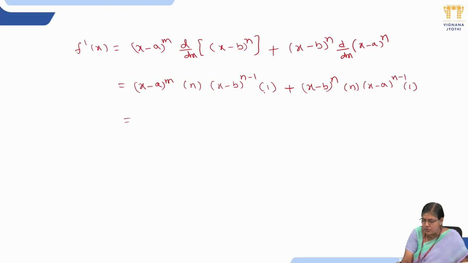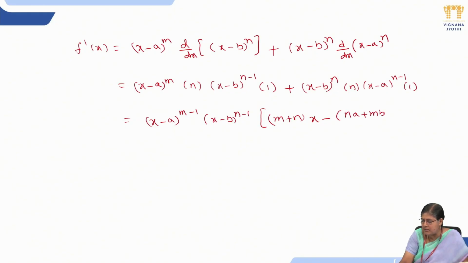After that, from these two terms take common (x minus a) whole power m minus 1 into (x minus b) whole power n minus 1. The remaining value will be (m plus n) x minus (na plus mb).